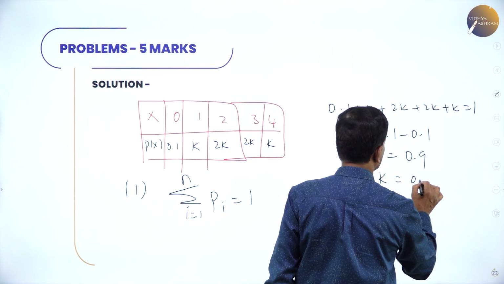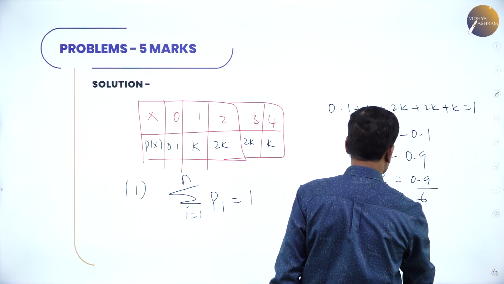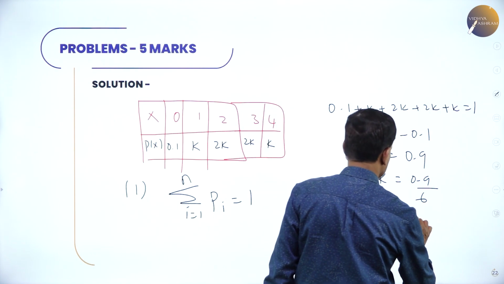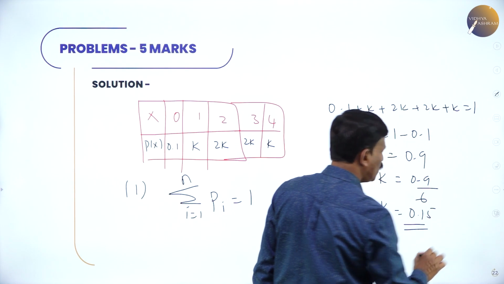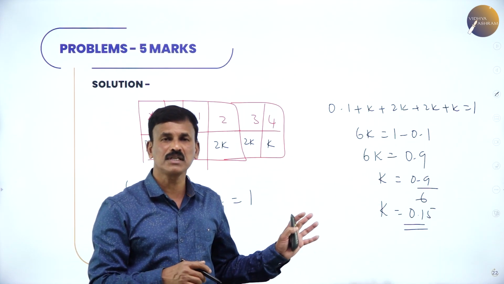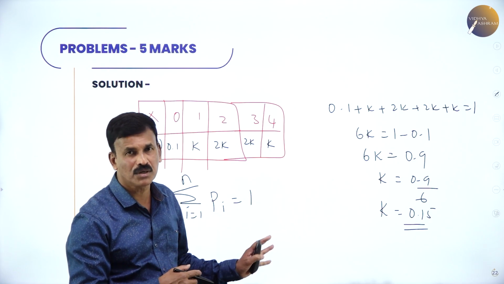Therefore K is equal to 0.9 by 6, which is 0.15. So the value of K is 0.15. This is the first answer. Very important. You may expect this type of question even for 1 mark.